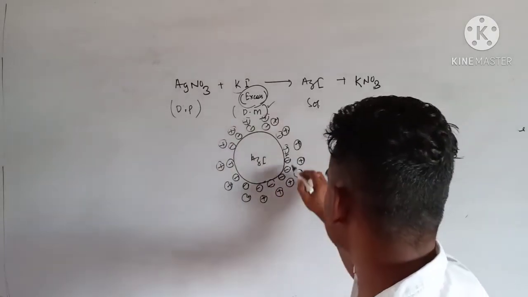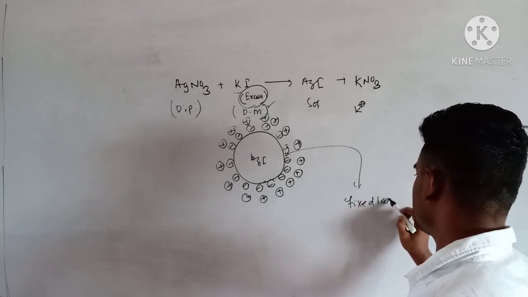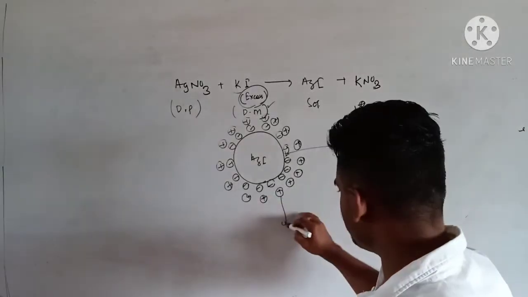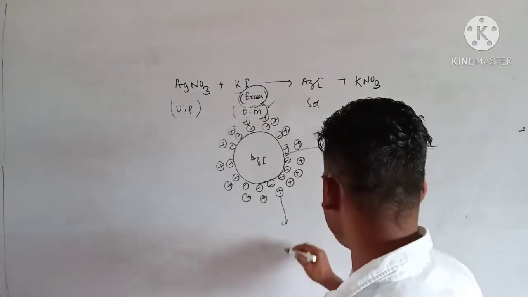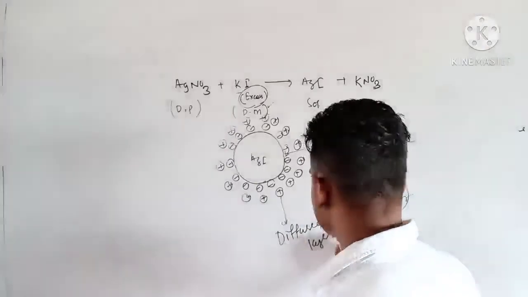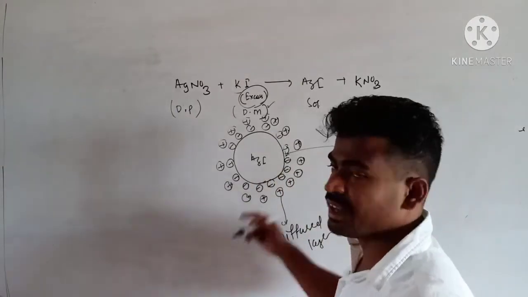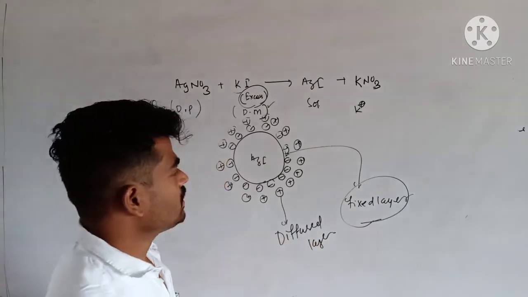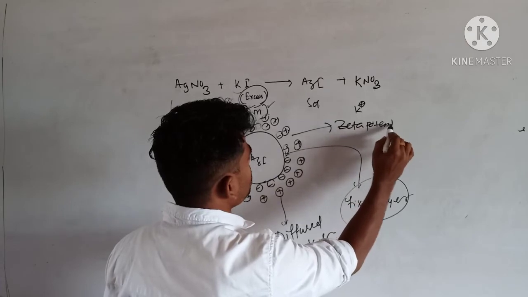And this negative ion layer is the fixed layer which protects that AgI, and these positive ions are called the movable layer, or the diffused layer. So due to this charge separation, there exists a potential difference that is called zeta potential.